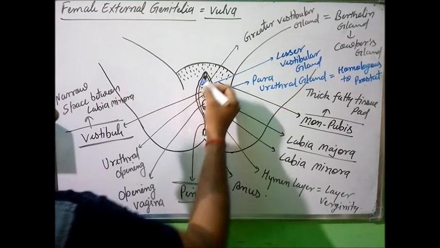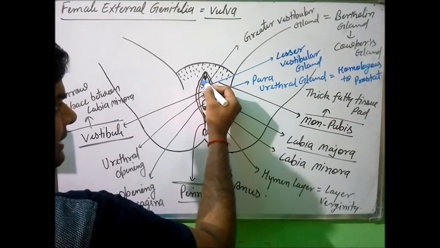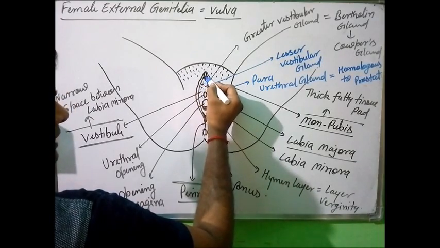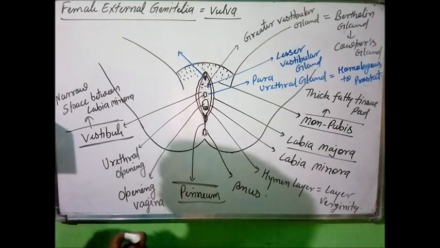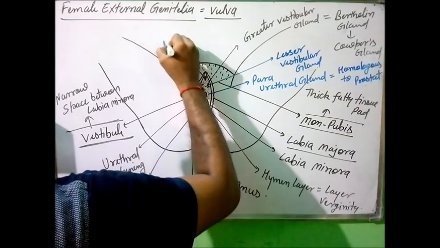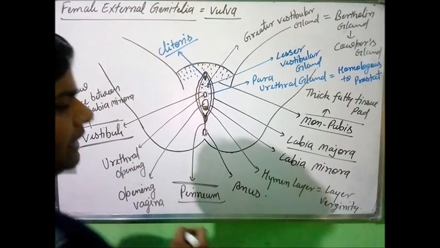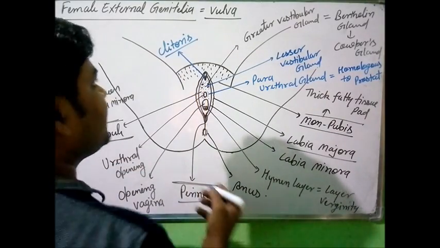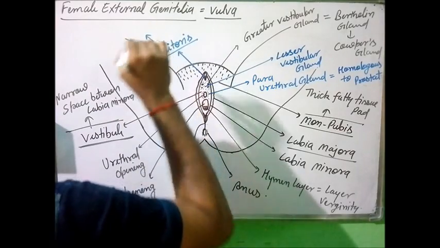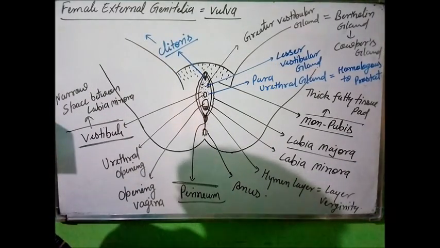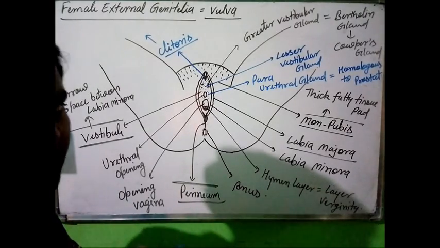Now on the upper junction of labia minora, if you see here, this is labia minora and this is the upper junction. On the upper junction of labia minora, a small pointed structure is present which is called clitoris. Clitoris is actually the organ of sexual excitement, and this clitoris is exactly similar to male penis in terms of structure as well as tissue composition, only its size is very small.